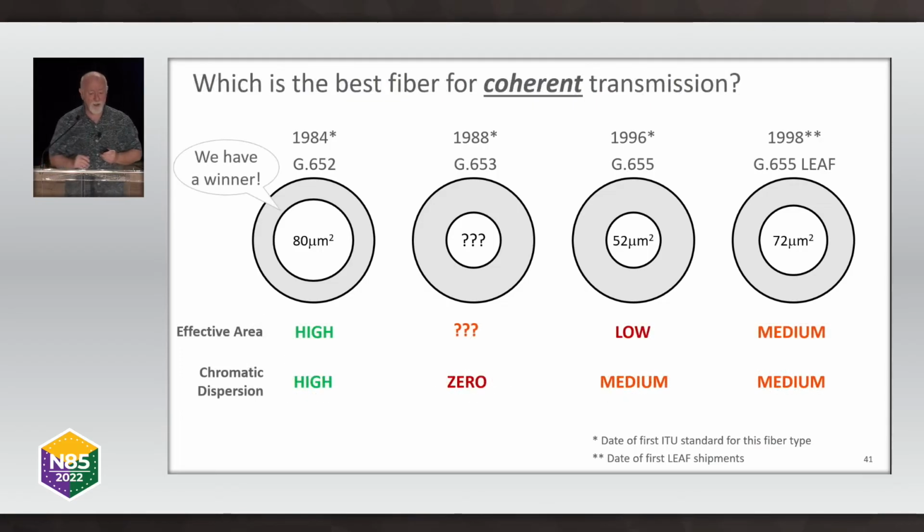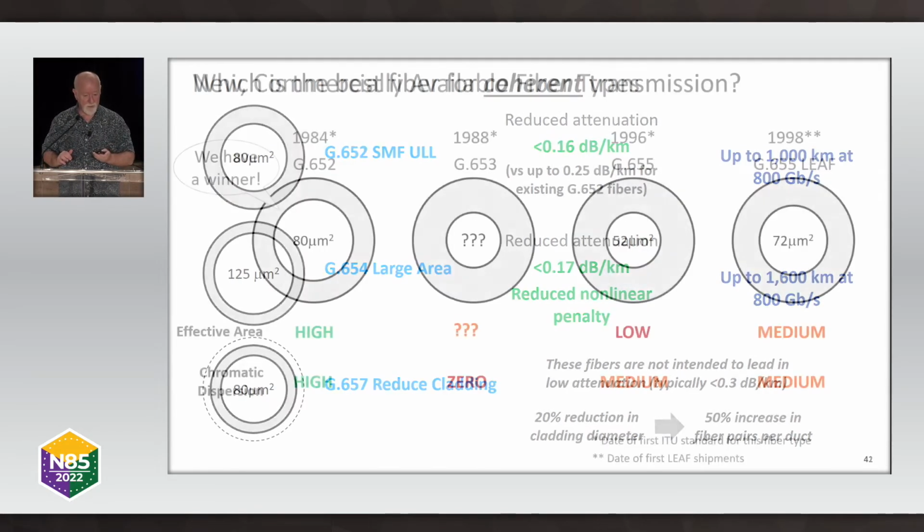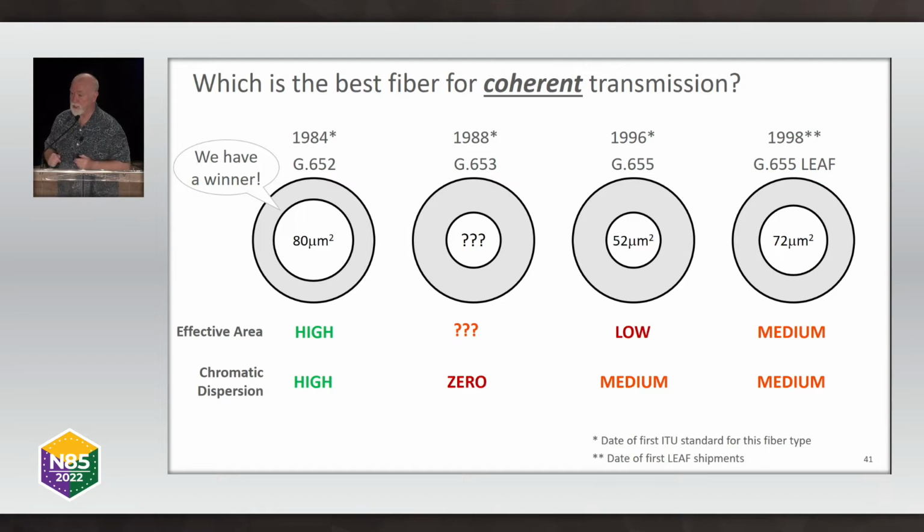So the question arises, which is the best of these fibers for modern coherent transmission? In fact, we have a winner with good old G652, because if you look at all the properties that these different fibers have, effective area and chromatic dispersion, in order to minimize nonlinear penalties, we need a high effective area and we need a high chromatic dispersion.